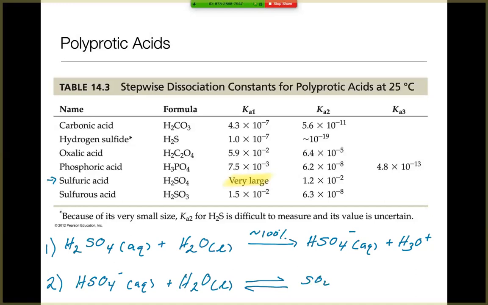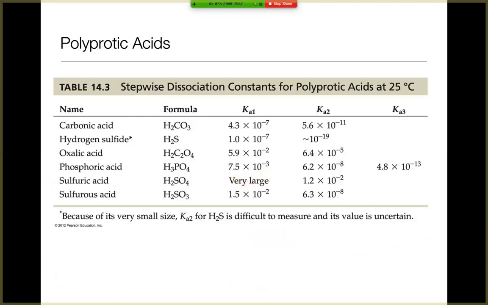That will leave behind sulfate and make an additional hydronium. So it's actually a 2-step process. And if it was something like phosphoric acid, there'd be even a 3rd step. So it sounds like this could throw a wrench into solving for the pH of a polyprotic acid, but we're going to find out there's one simple thing that can help us.